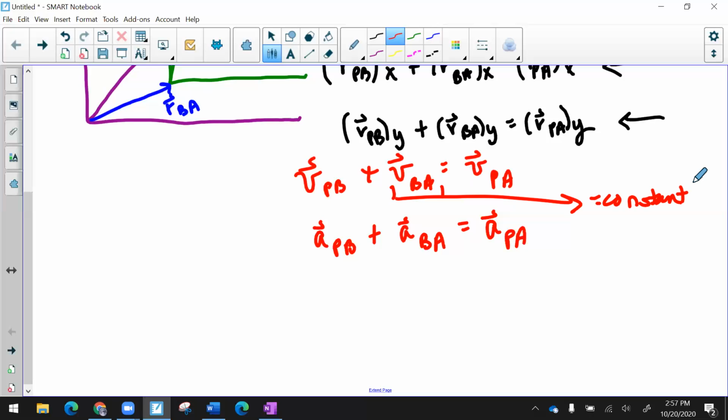So if my hockey player is standing there watching the puck, the Zamboni is moving at a constant speed and velocity with respect to the hockey player. Which means what about the acceleration BA? What about this term? It has to be equal to 0 because my reference frames aren't accelerating with respect to each other.